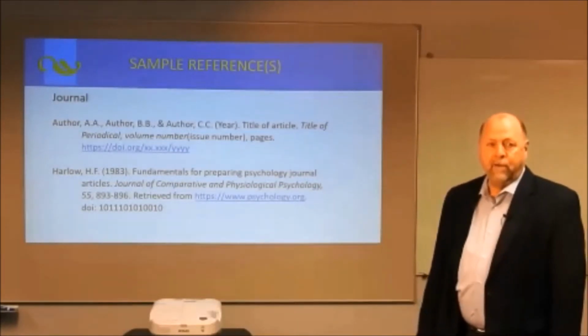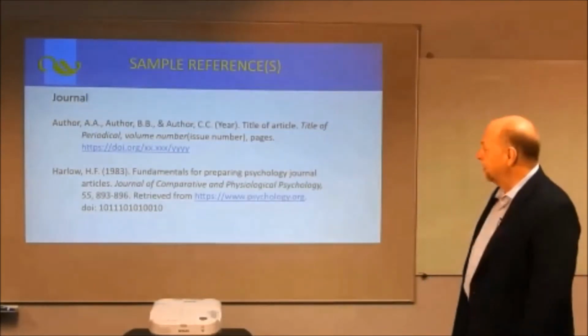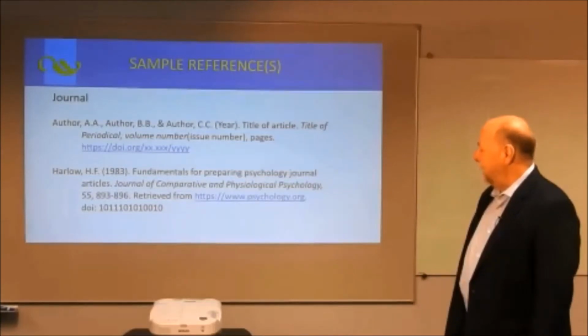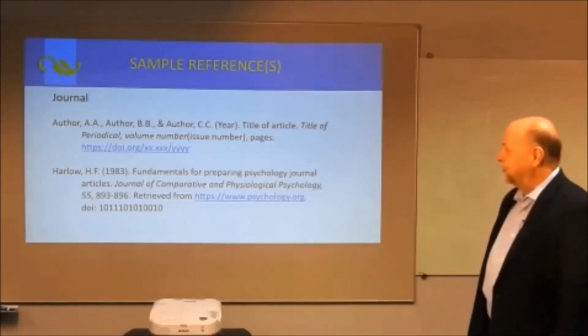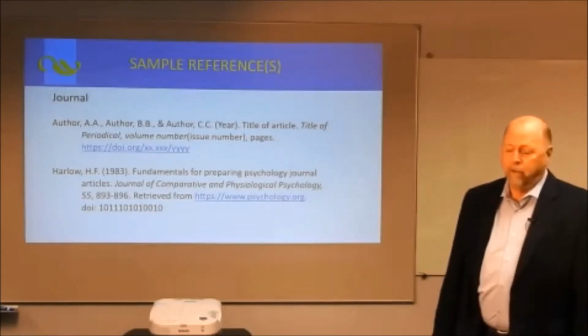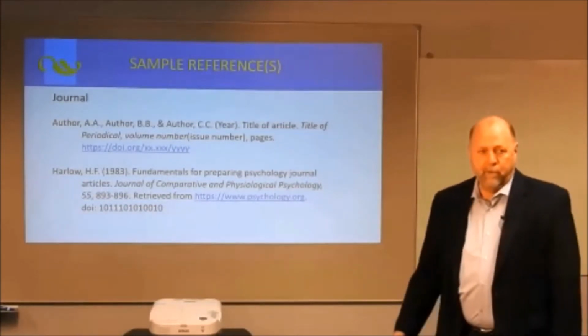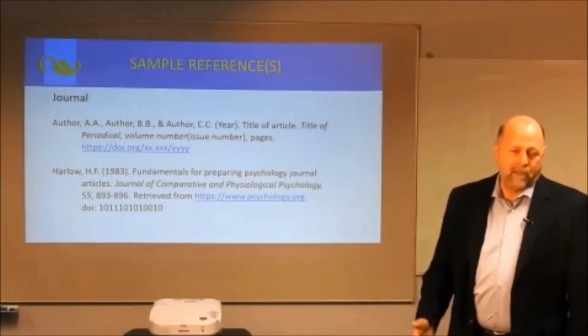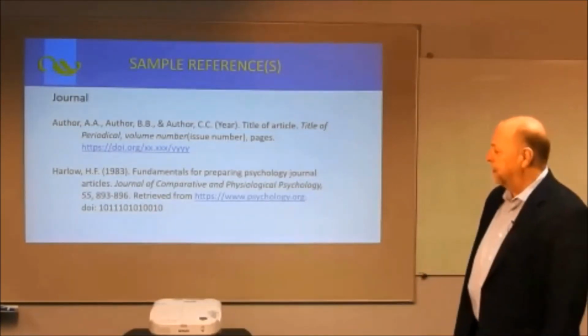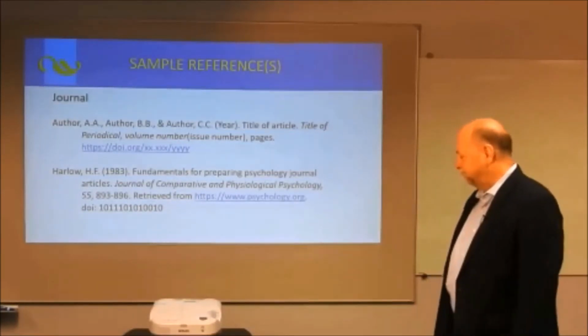Shortly after that, you're going to put in parentheses the issue number and the pages of that particular journal article. If it includes a DOI number, you want to include that. If not, you can put retrieved from https:// and then wherever it is that you came up with that article.